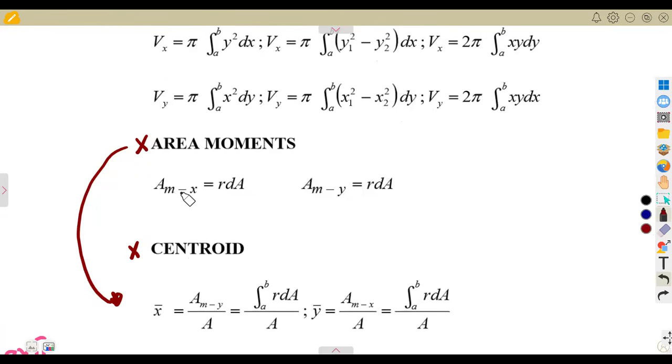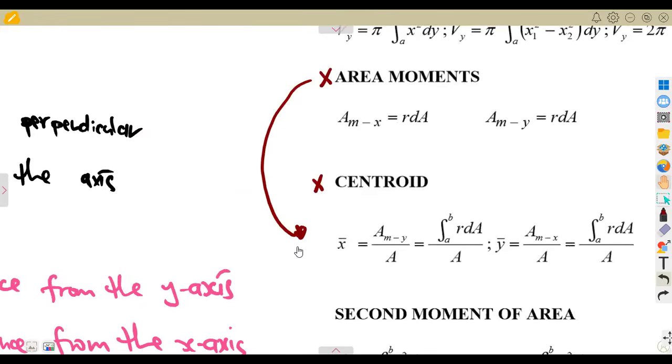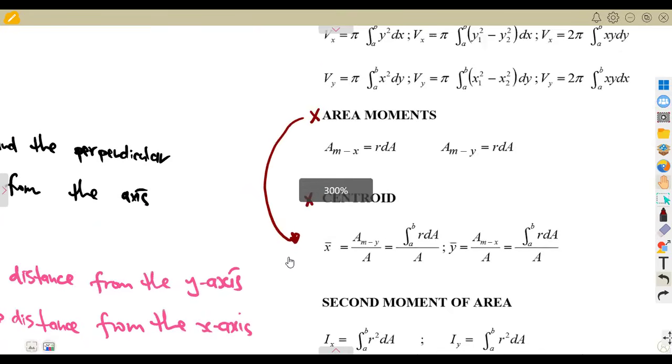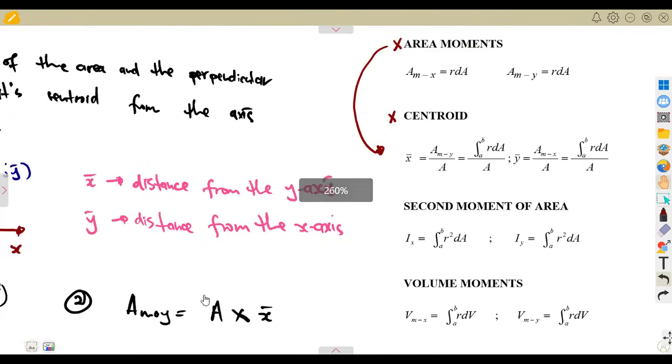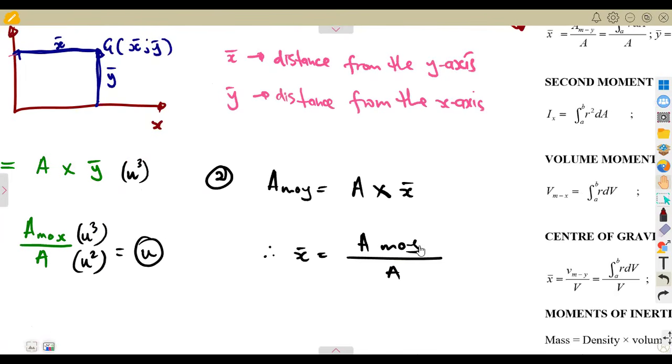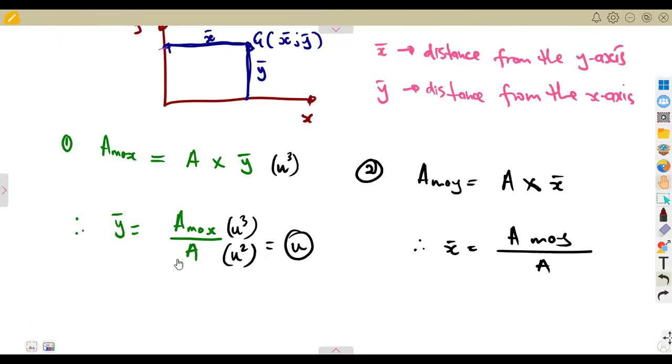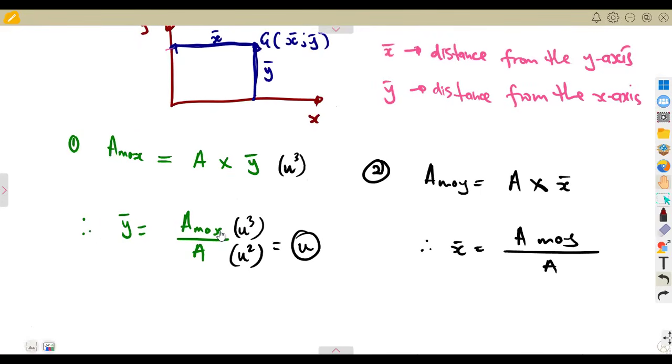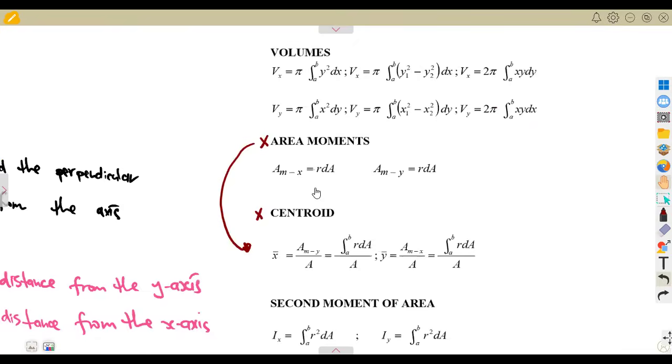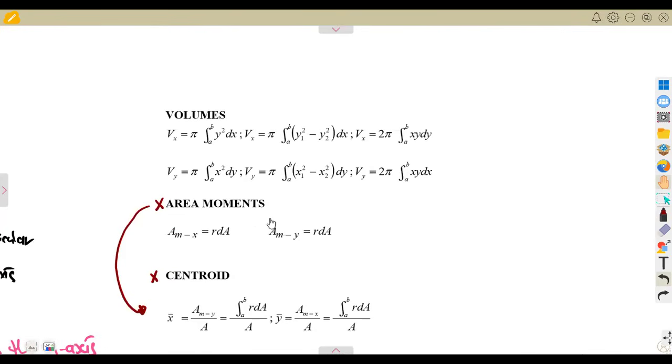So if you take note now, because we now have the formula that we need: to calculate x bar, I need the area moment for y. To calculate y bar, I'm going to need the area moment for x. So that is where we have these formulas in the calculation of the area moments.